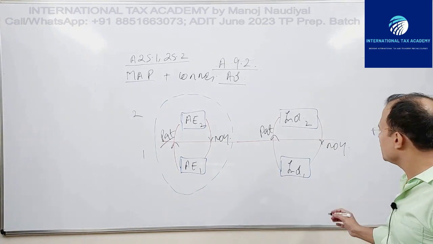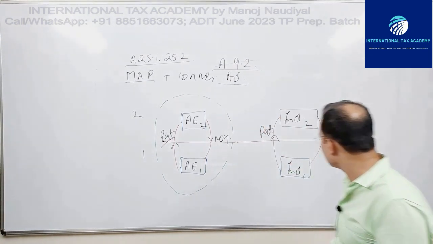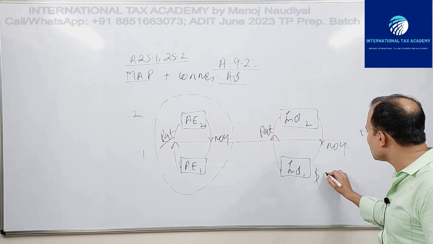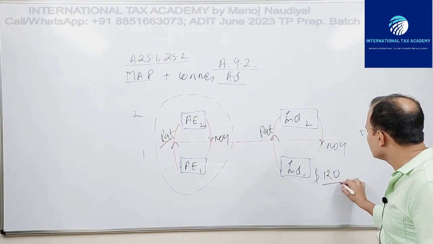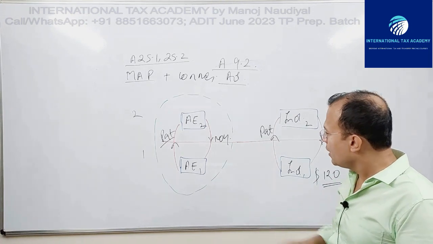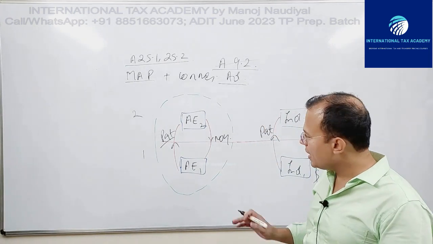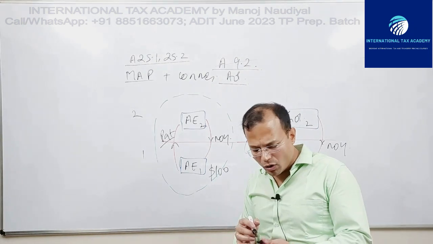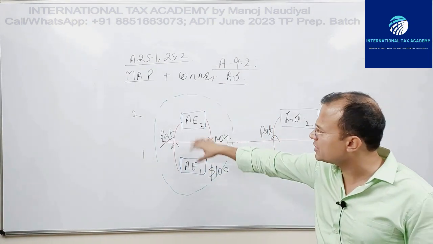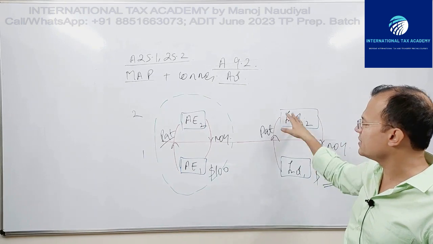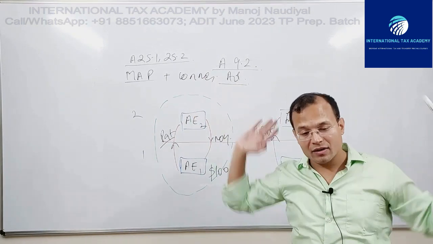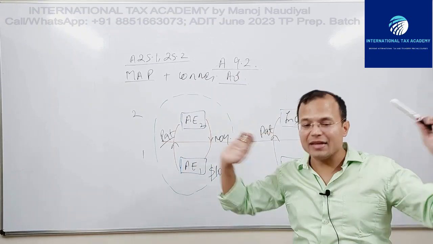In this situation, you find that independent party 1 receives a royalty of, say, $120. Here AE1 receives a royalty of, say, $100. Let us assume that the patent being licensed here and the patent being licensed there are comparable, not something unique for which you require a PSM.